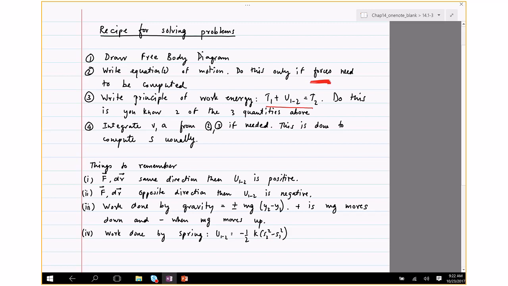Note that in that equation, which I just highlighted right now, there is no acceleration. There's only kinetic energy and work done due to force. So if you're asked to find forces and acceleration, you want to do step 2, but sometimes you're not asked those things. You're asked to find the velocity, in which case you want to do step 3. So this is really an option.